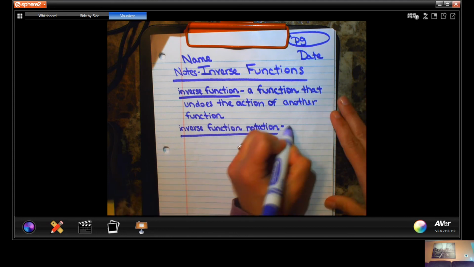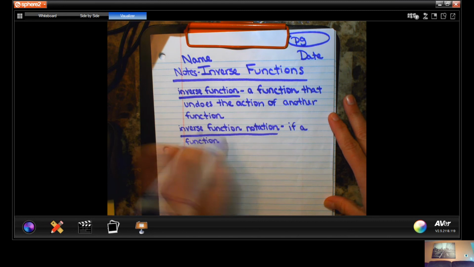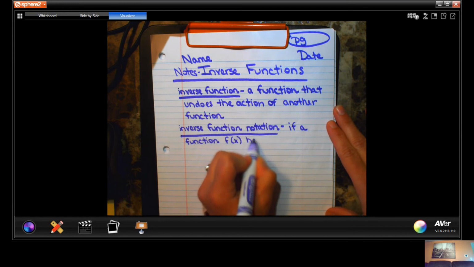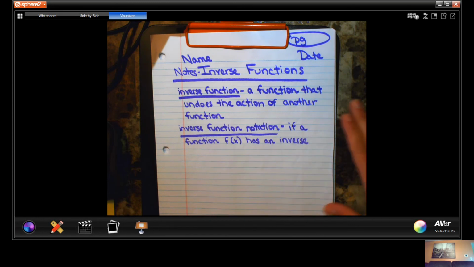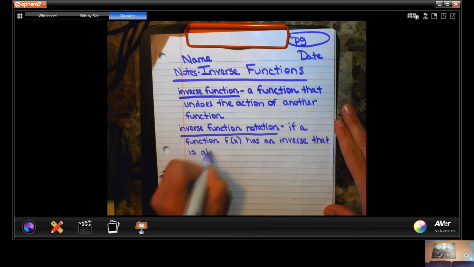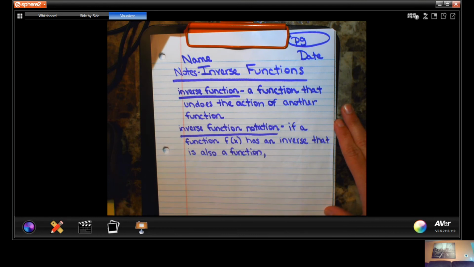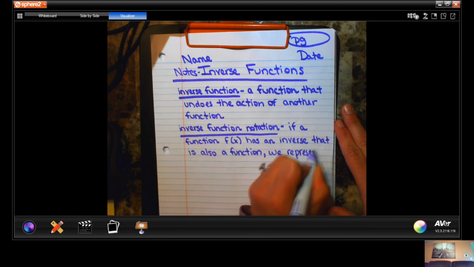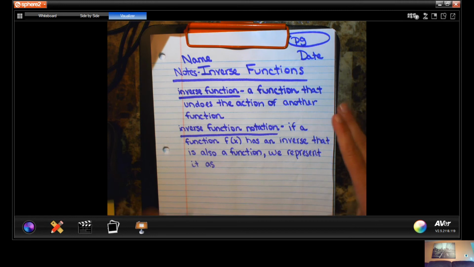Can you write: if a function f of x has an inverse that is also a function, we represent it as, and we would say the inverse of f of x, but it looks like this.